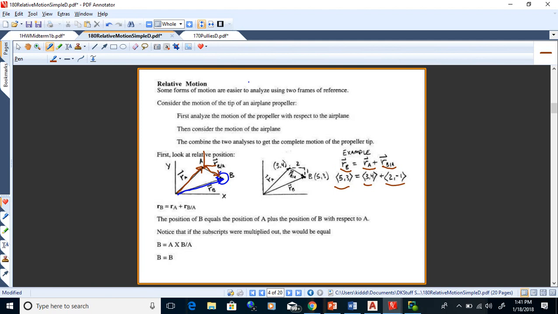Now, the way that I kind of remember this is I look at the subscripts. I remember this notation that RB with respect to A is said in that way and written like this, B/A. So that's B with respect to A. That's the meaning of that subscript.